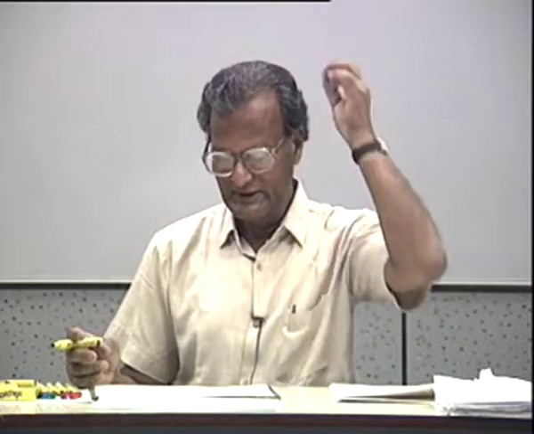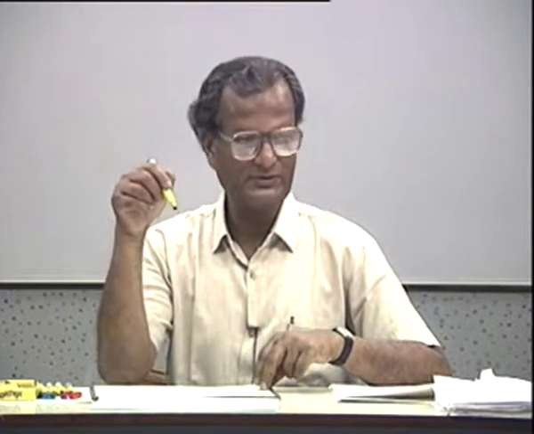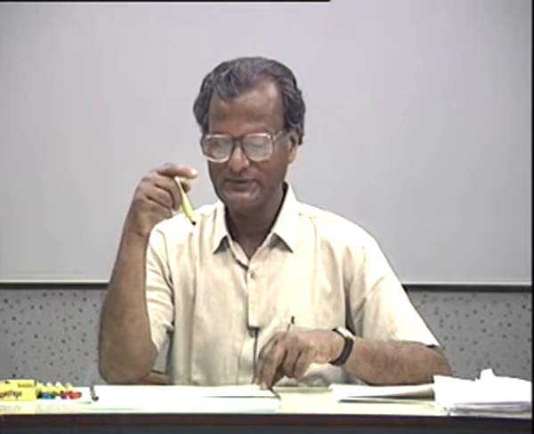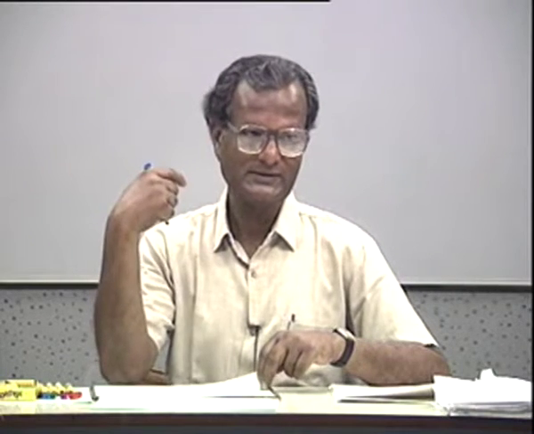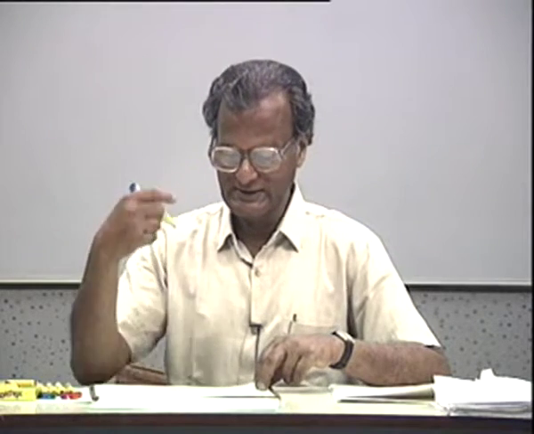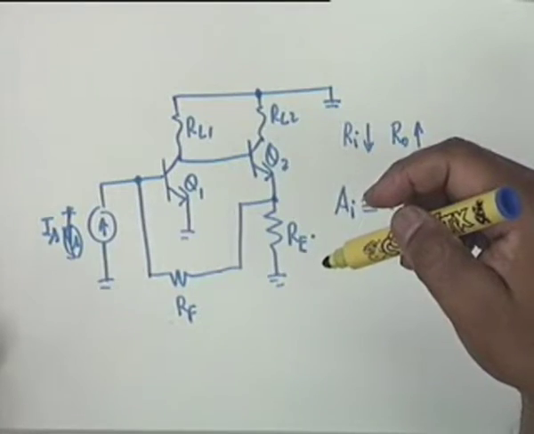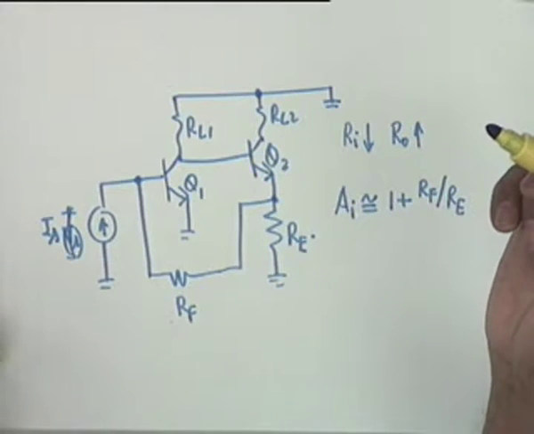It is not yet fully developed, but if you compare the same transistors, Q1 and Q2, in the series shunt and the shunt series combinations, you might find that the shunt series, that is this current processing, has a higher bandwidth than the voltage processing.